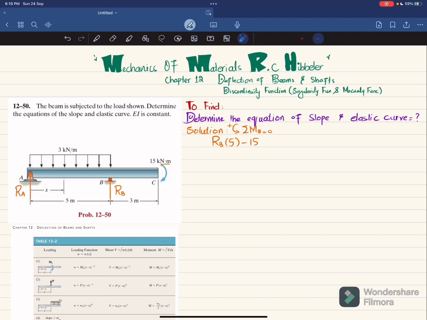And the third moment is due to this uniformly distributed load. When we convert this load into a point load, it will be 3 into the length over which it acts, and that will act at half of the length, which is 5 divided by 2, that is 2.5, and this is producing clockwise moment, so it will be negative.